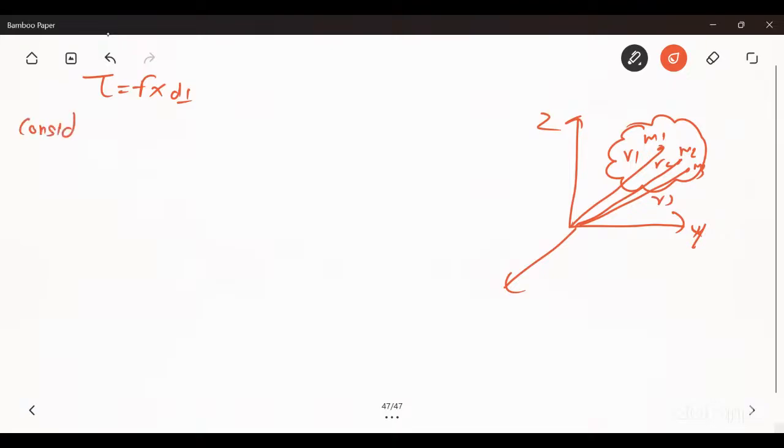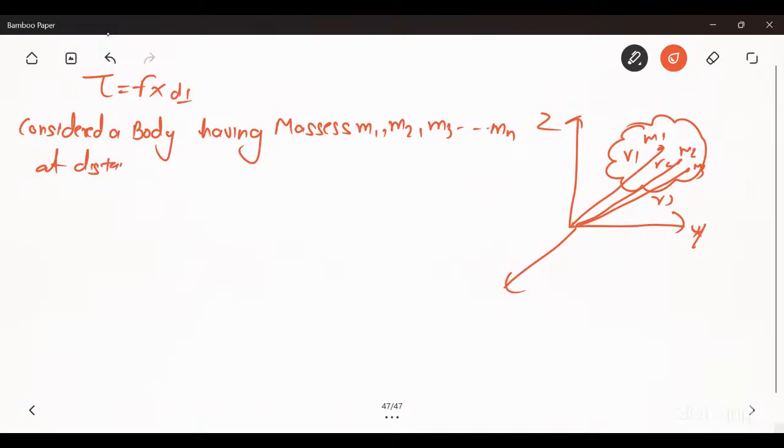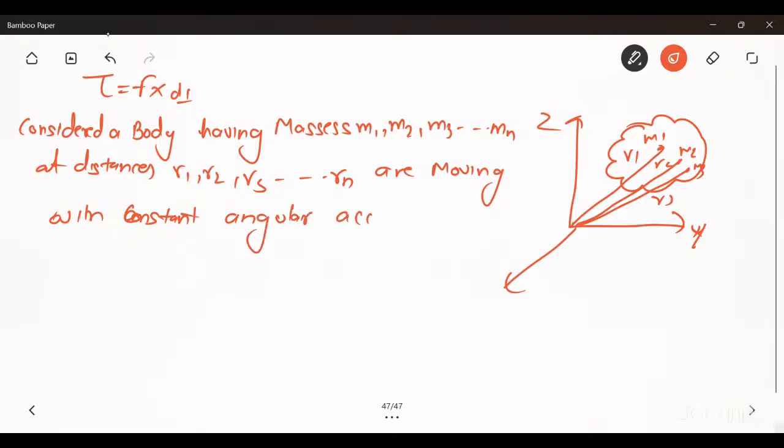The body is moving with constant angular acceleration alpha, because the body is moving as a whole, so they all have the same angular acceleration.